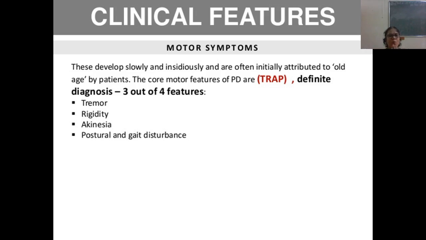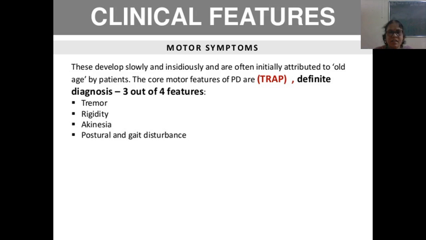There are four important clinical features of Parkinsonian disease. Out of these four clinical features, the presence of any three can identify the patient and the patient can be diagnosed as Parkinson's disease.